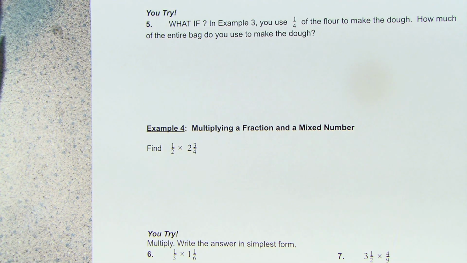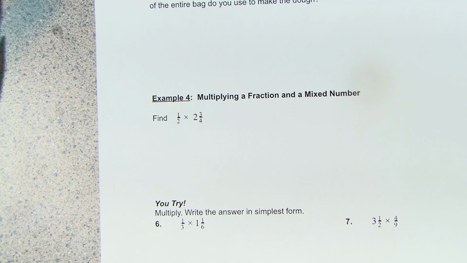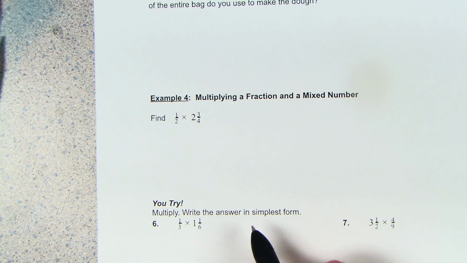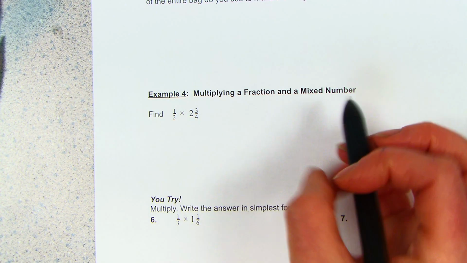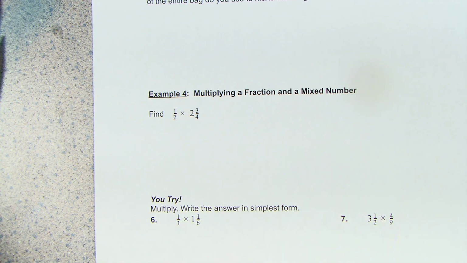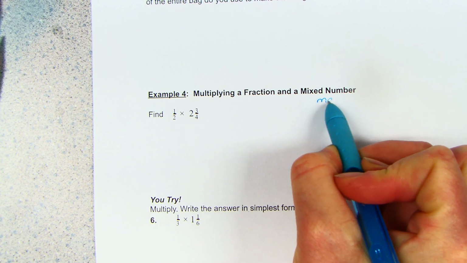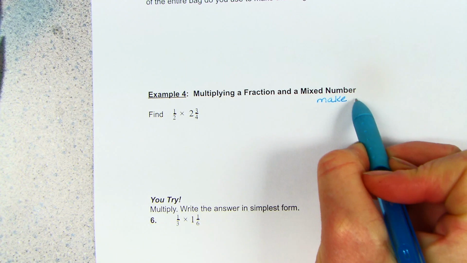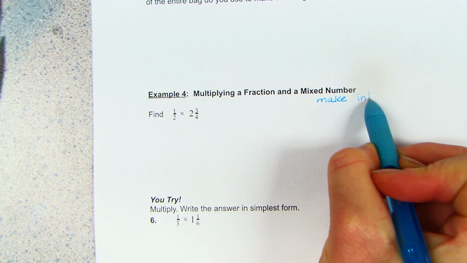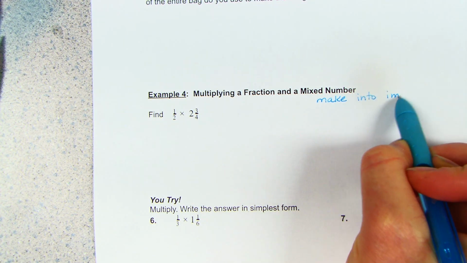Multiplying fractions and mixed numbers, right? This is the new material. For these purposes, when you are multiplying a fraction and a mixed number, you need to make it into an improper fraction before you can start multiplying.